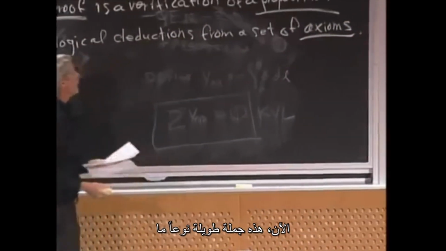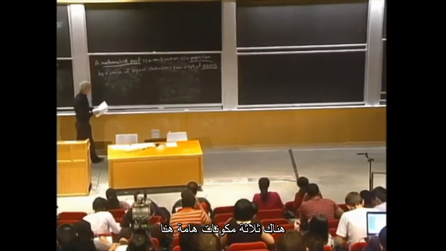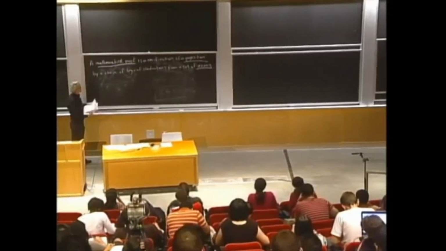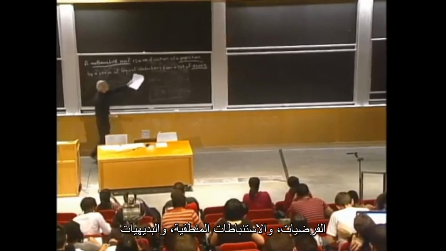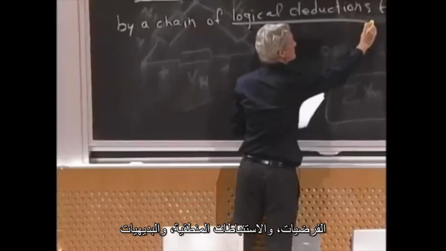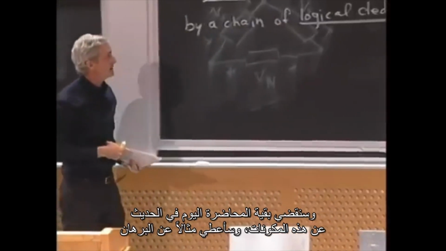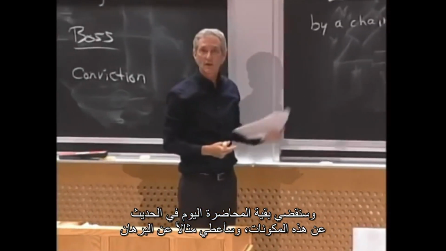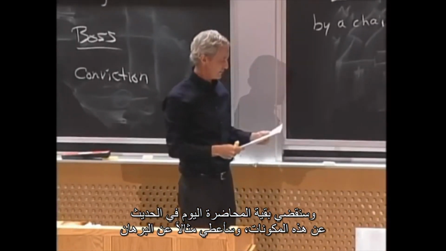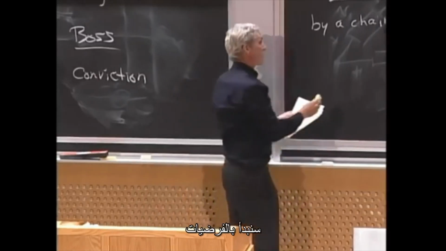Now, that's a bit of a mouthful. There's three important components here: propositions, logical deductions, and axioms. And we're going to spend the rest of the class today talking about each of these and then give an example of a proof. We'll start with propositions.